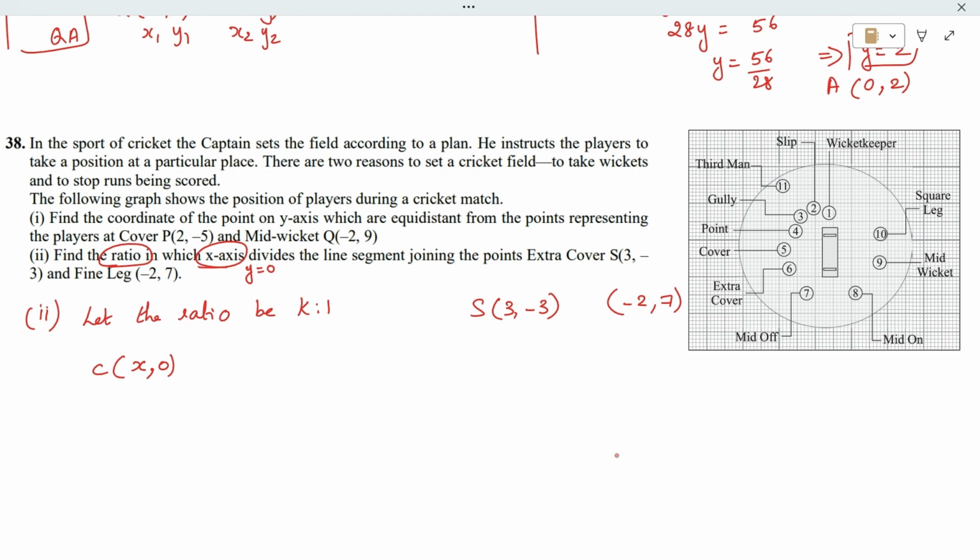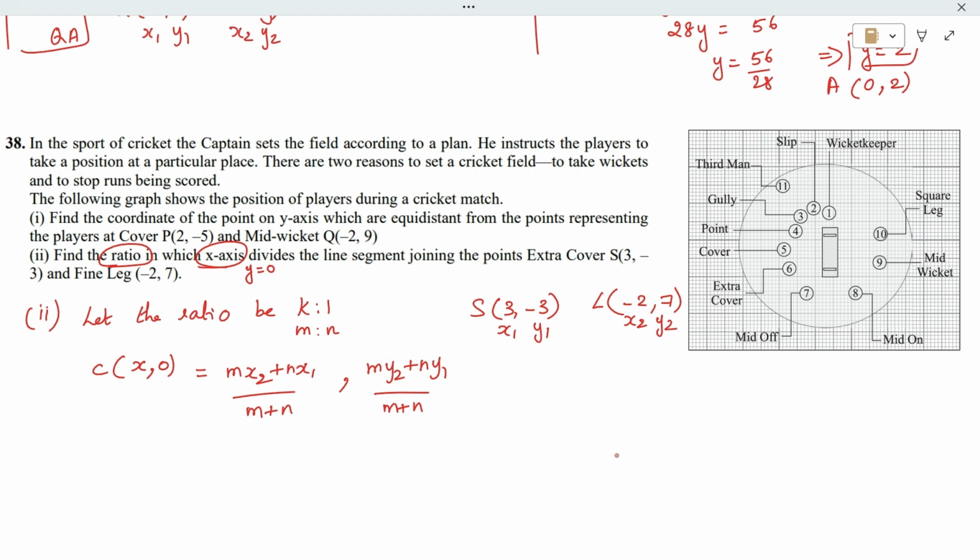So let me take maybe this I can take as N, and now I can mention the coordinates x1, y1, x2, y2, and the ratio will be m is to n, isn't it? That is k is to 1. So C(x, 0) is equal to, I'm applying the formula, (m x2 plus n x1) by (m plus n), and the y coordinate will be (m y2 plus n y1) by (m plus n).